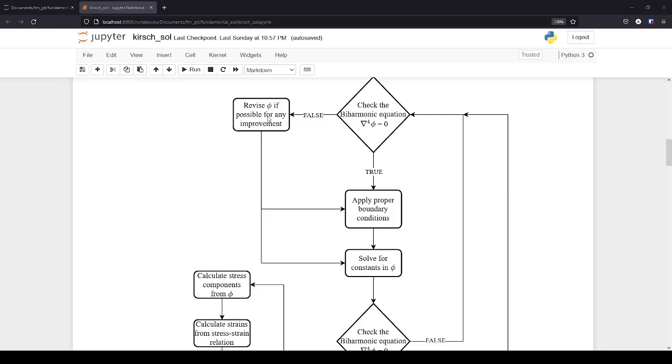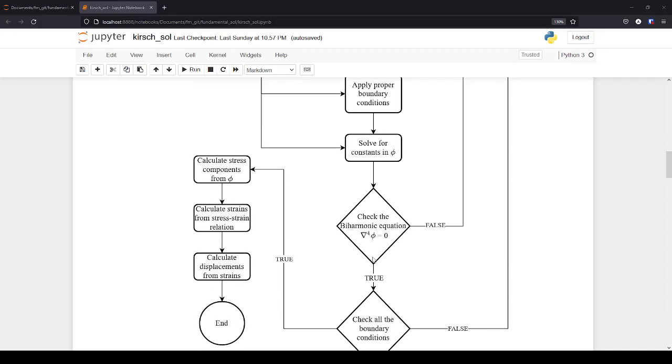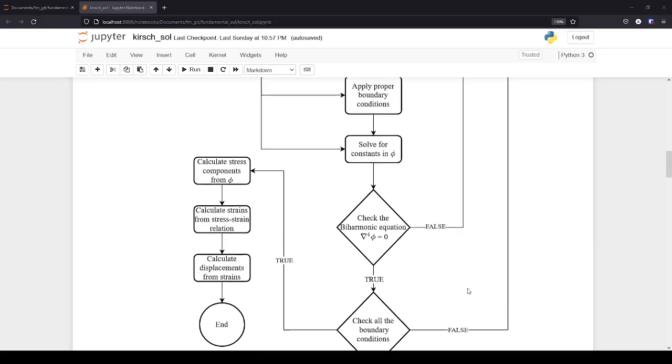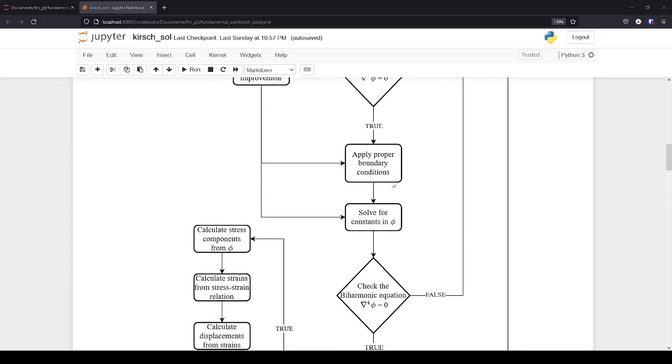After we found it, we solve for the constants, as I mentioned, and finally we get our phi here. So the final phi should satisfy the biharmonic equation first off, and also should satisfy all the boundary conditions. If that is the case, we continue to the next stage. Otherwise, we need to go back and revise our Airy stress function.